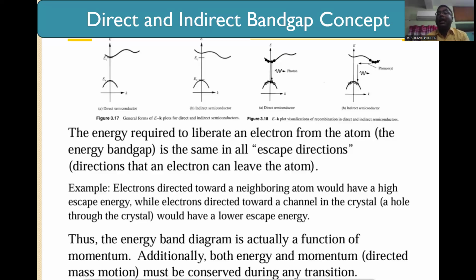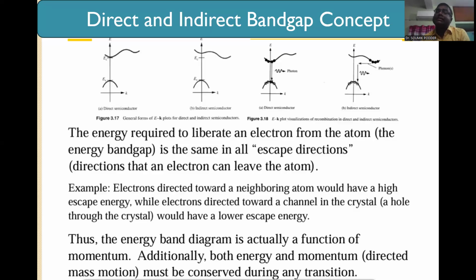The electrons convert their kinetic energy into heat energy, and that heat starts vibrating the lattice of the semiconductor. So due to the electron and hole recombination, some sort of vibration takes place.